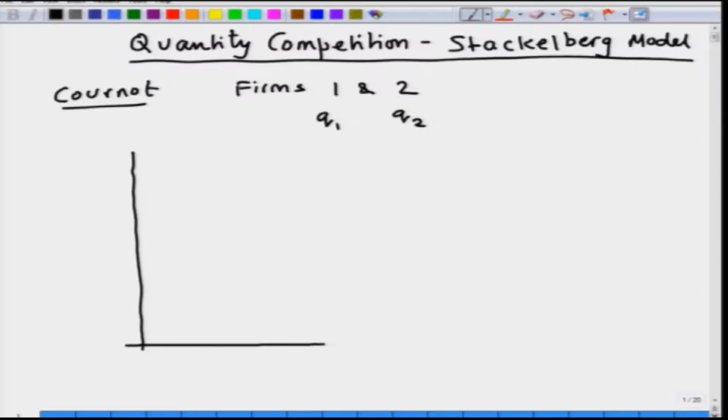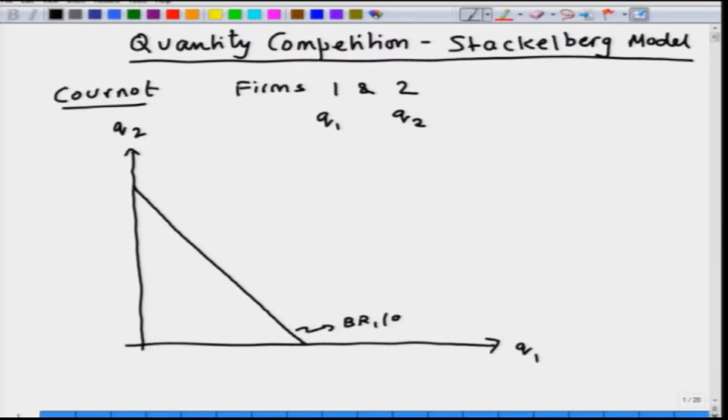And if I quickly draw the best response functions, so we have Q1 and we have Q2. The best response function for firm 1 was this downward sloping line. So, this was the best response function for firm 1 as a function of firm 2's output, and firm 2's best response function was something like this.